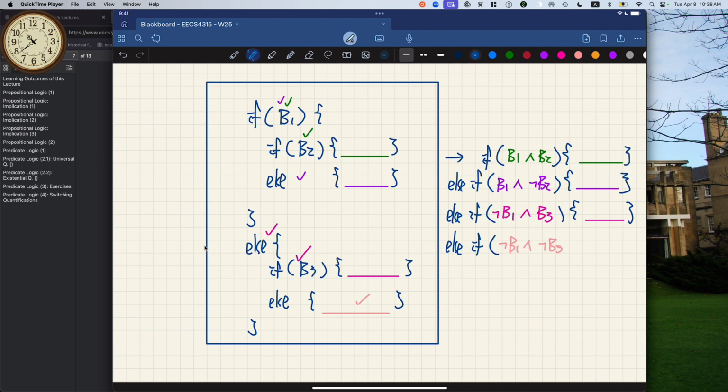Very systematic. Once you flatten out the structure from here into here, to apply the WP, you can say this condition here implies the WP for this one to establish the postcondition, and so on. And then you conjoin all the WPs together.